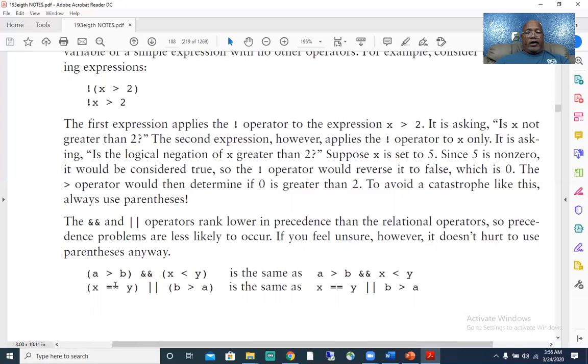Looking at this one, X equals Y or B greater than A. You have to solve for this to see whether it's true or false, solve for this, and then use your OR logical table so that you can determine whether or not the result would be true or false. And again with the parentheses, you can write this out in this fashion, or you could write it in this fashion.